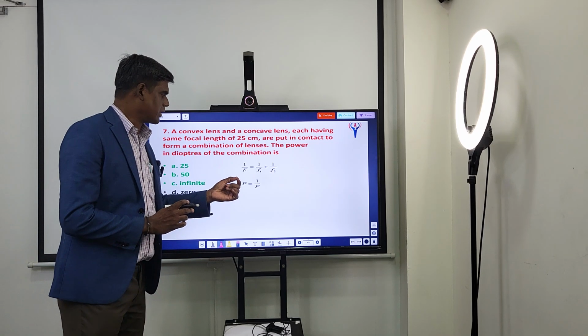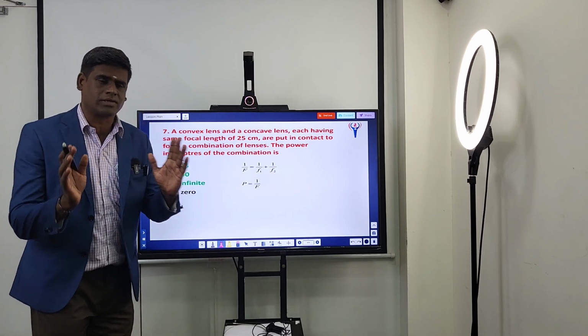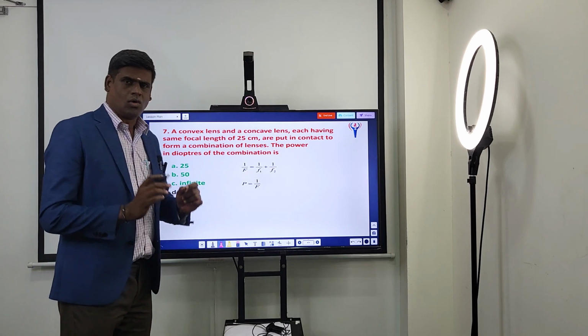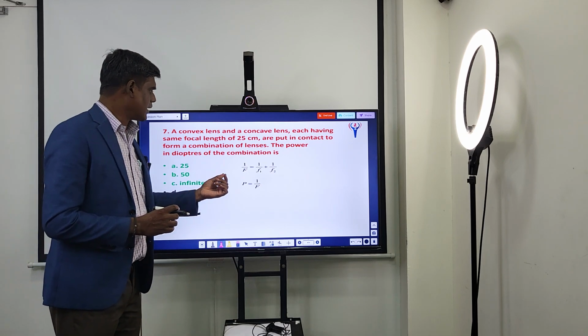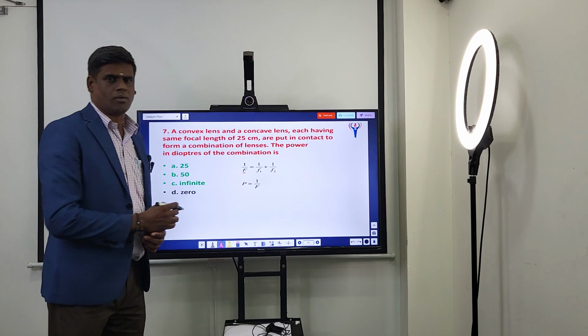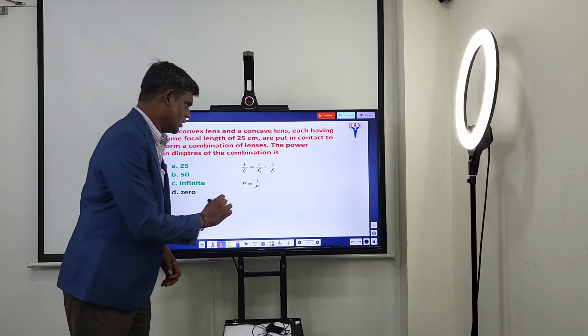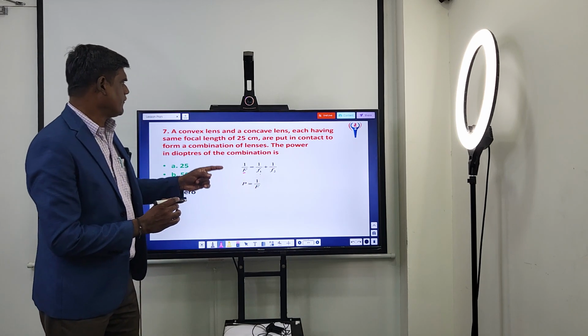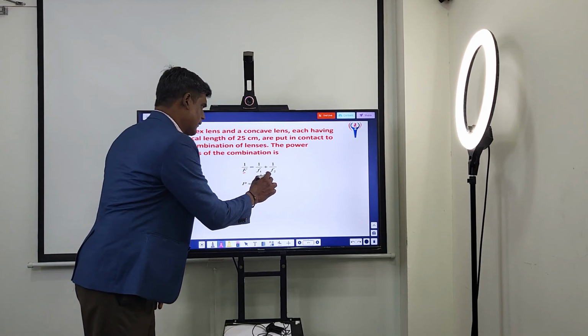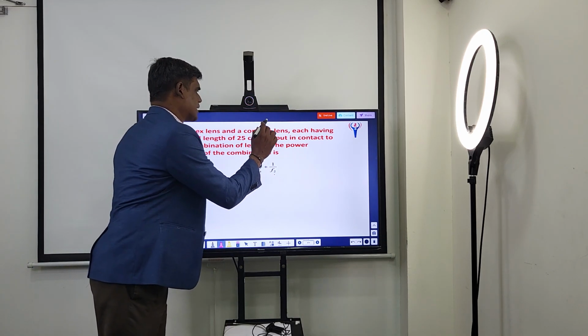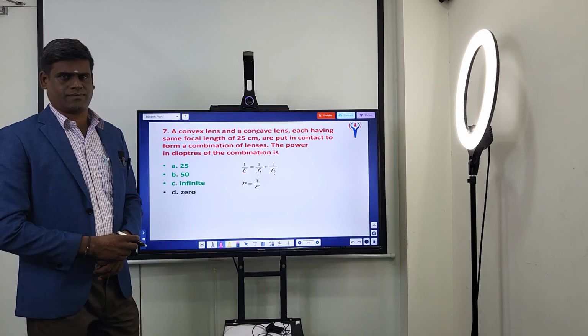Formula: 1 by F, that is the focal length of the combination, equals 1 by f1 plus 1 by f2. Capital F is the focal length of the combination. Assume f1 is the focal length of the first lens, the convex lens, and f2 is the focal length of the second lens, the concave lens.